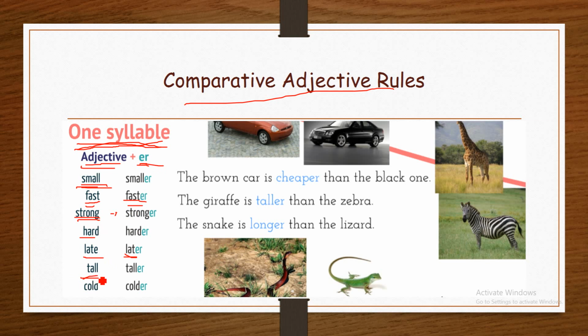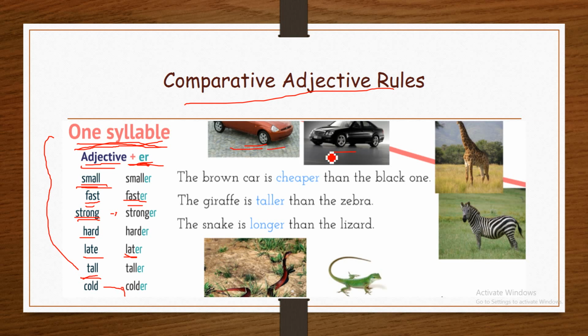Tall is one-syllable adjective plus er, it becomes taller. Cold is what? It is an adjective that forms of one syllable. Cold, colder.